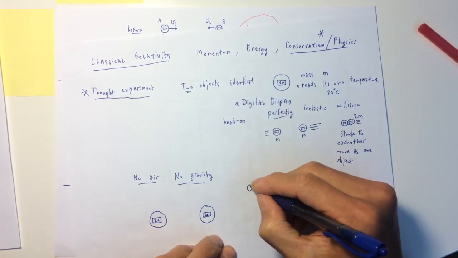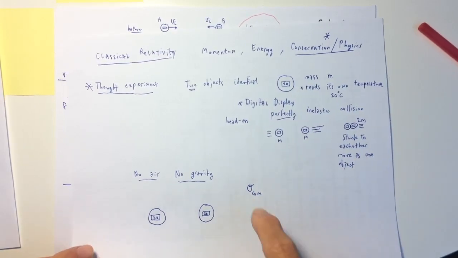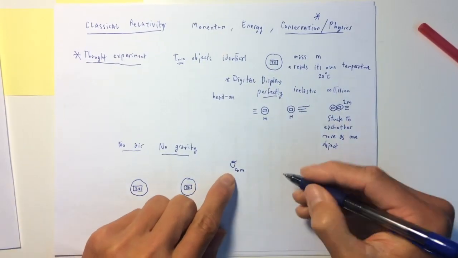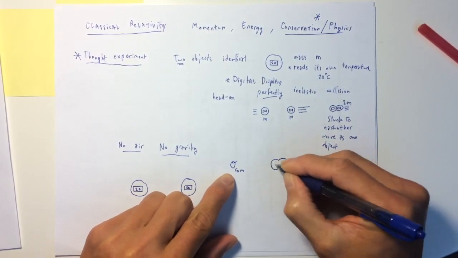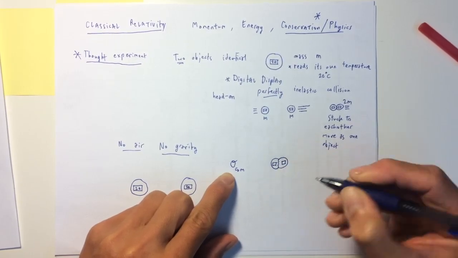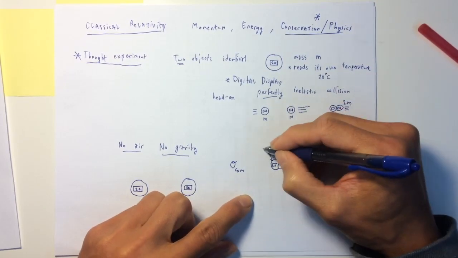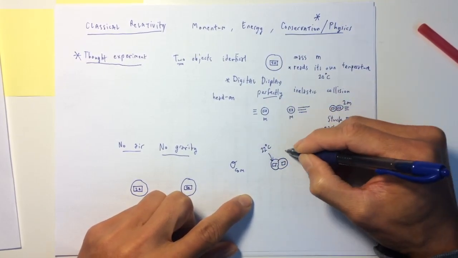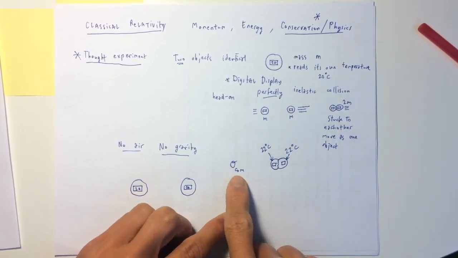So let's say the observer frame in the center of mass notices that afterwards these two objects are stuck to each other, and they both read, for example, 22 degrees Celsius. That's what observer COM sees.